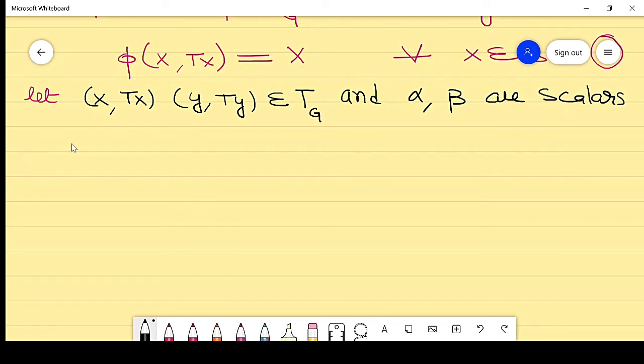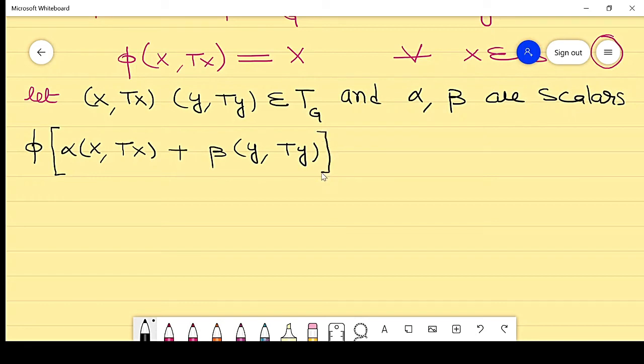Now phi of alpha (x, Tx) plus beta (y, Ty) can be written as follows.